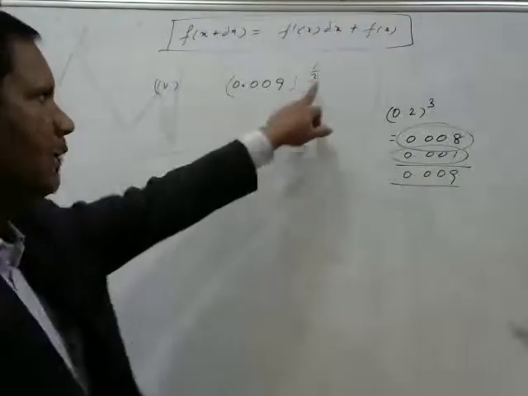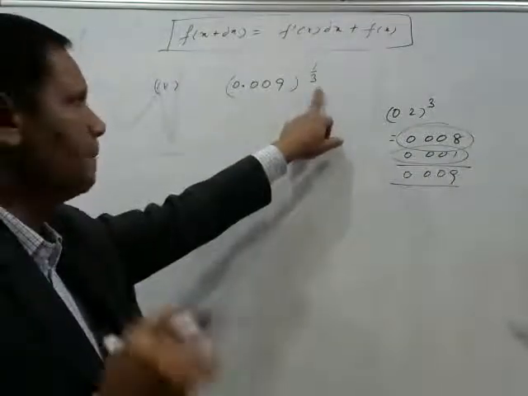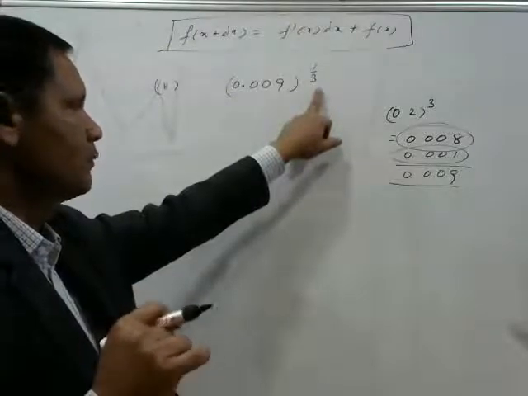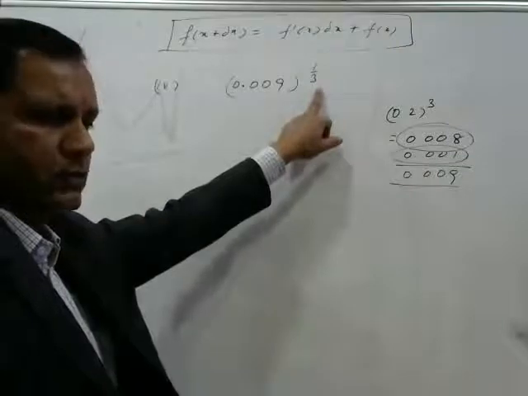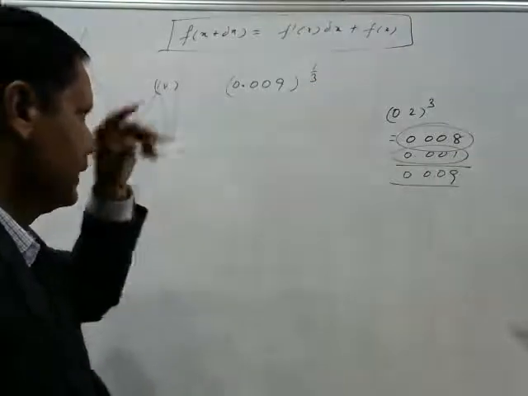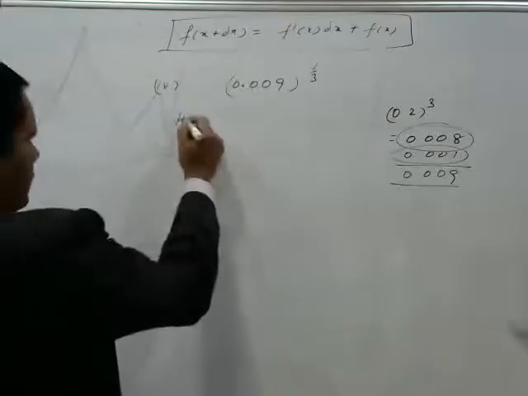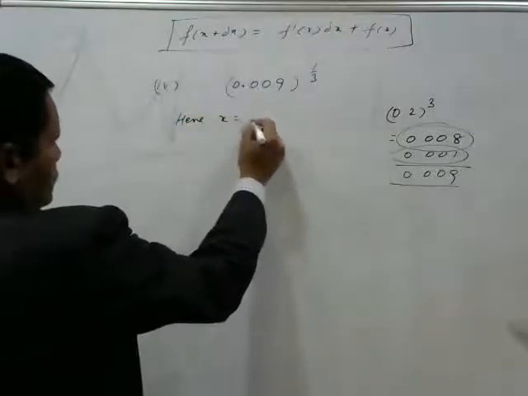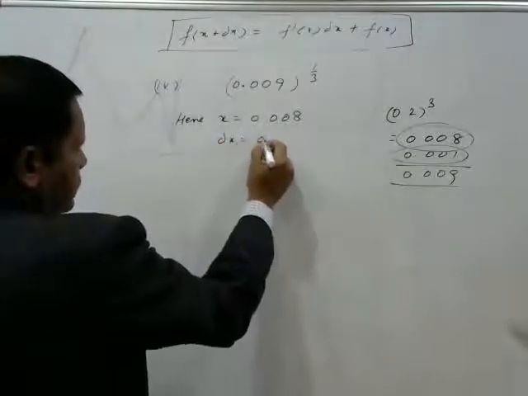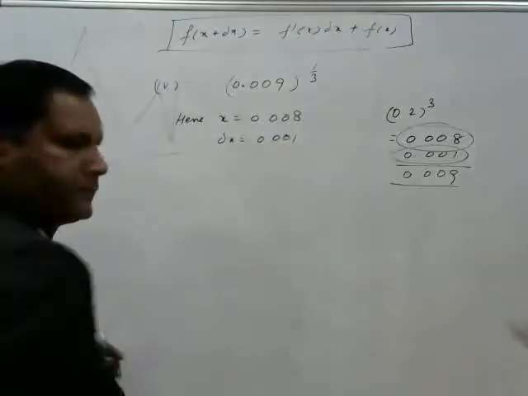Because the power implies which number I should set, so that it will be a cube root or fourth root or a square root. Accordingly, we will take the number. Right? Here we will have x is equal to 0.008 and delta x is equal to 0.001.